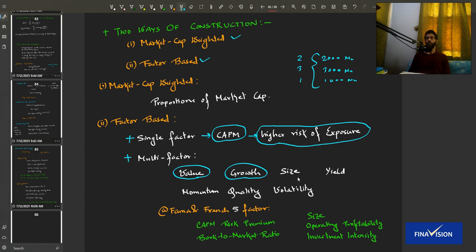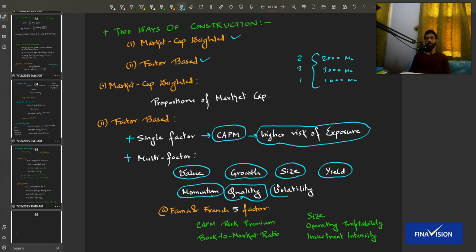It is also taking into account the size of the company, the yield of the company in terms of it can be dividend yield, the momentum of the company, which means the price performance in the past of the company, the quality of the company. Quality can be in many ways. It can be in terms of the management, it can be in terms of governance, it can be in terms of business efficiency, it can be in terms of scale, it can be in terms of brand equity, etc., etc.